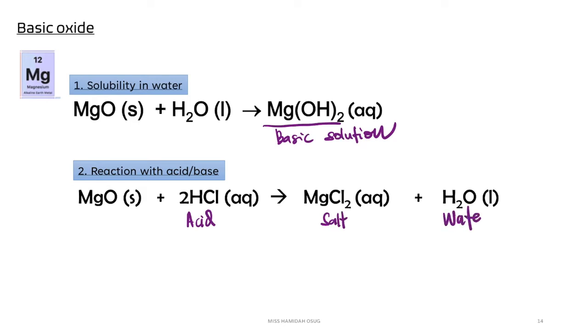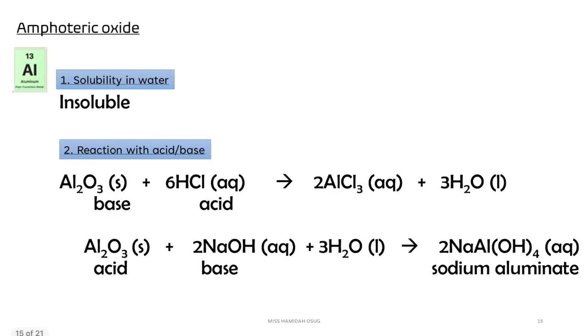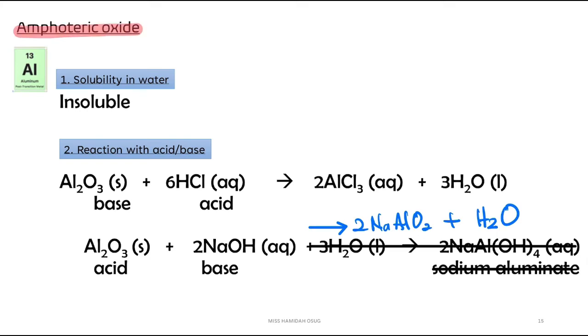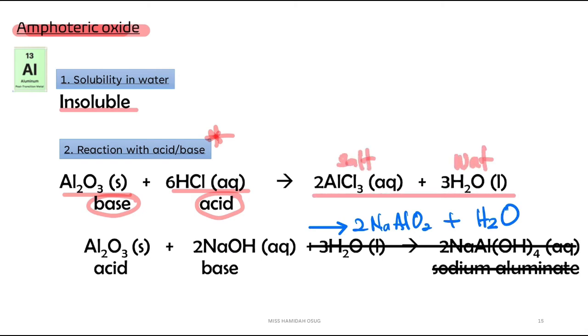So this proves that magnesium oxide is a basic oxide. Next, aluminium oxide is insoluble in water, but when we check the reaction of aluminium oxide with acid and also base, both reactions will give salt and water. So this proves that aluminium oxide is an amphoteric oxide.